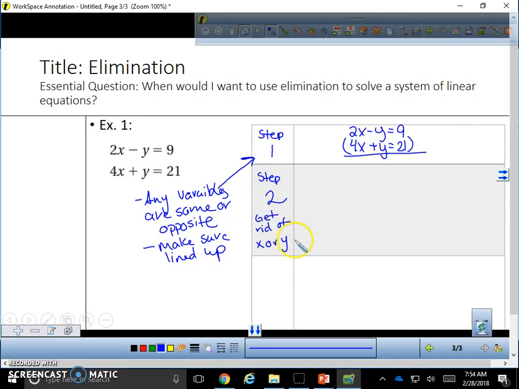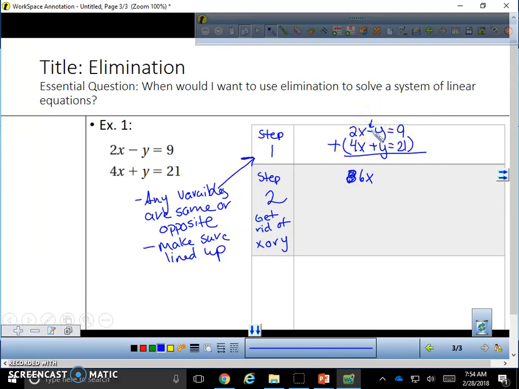So which one are we going to get rid of here? It's going to have to be the y's because they're opposites. When you combine opposites with addition, they cancel out. No subtraction here. This one's addition. Okay, so 2x plus 4x equals 6x.